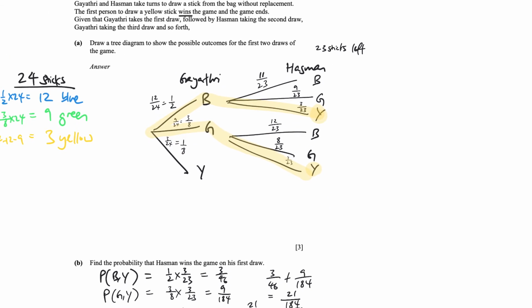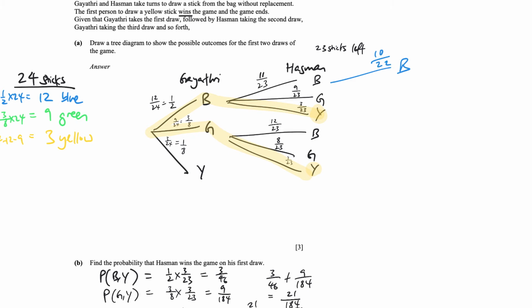If we get blue here, there's 12 over 24, and then to get blue here is 11 sticks left out of 23. Then another blue is 10, right? If you have 11 blue sticks, you take 1 away, you have 10 blue sticks left, out of 22 total sticks left.